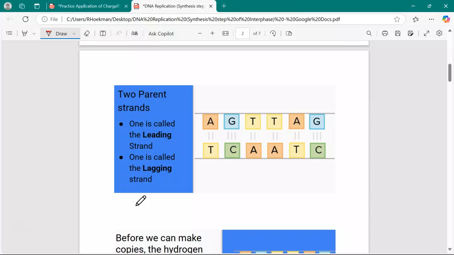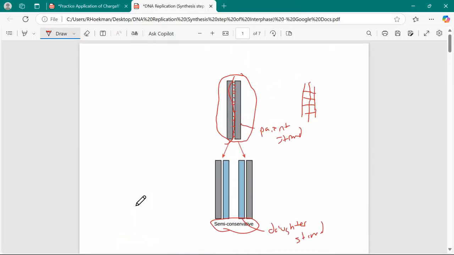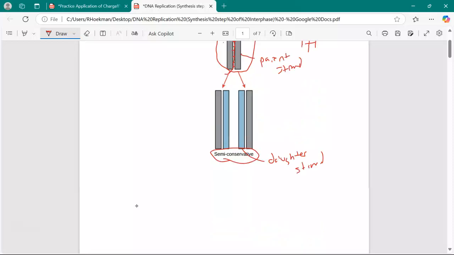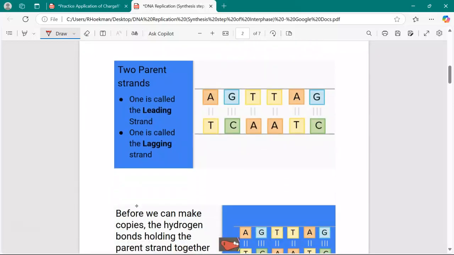So we want to orient ourselves in the beginning. So we have those two parent strands, just like we had up here, our two parent strands, okay? Here we're looking at a little section of it. We've got parent strand number 1 and parent strand number 2. Those end up later.